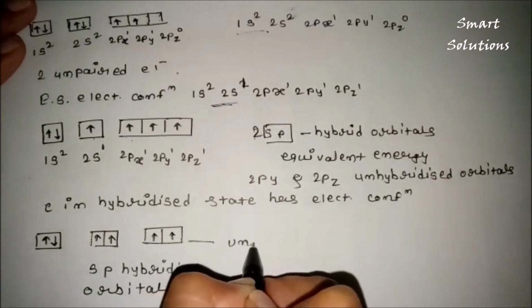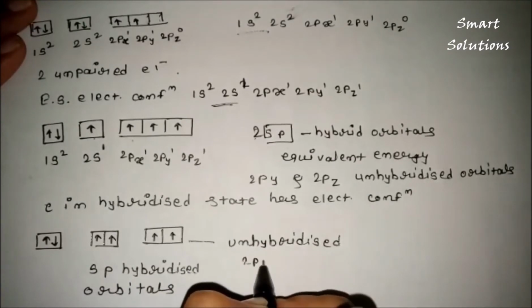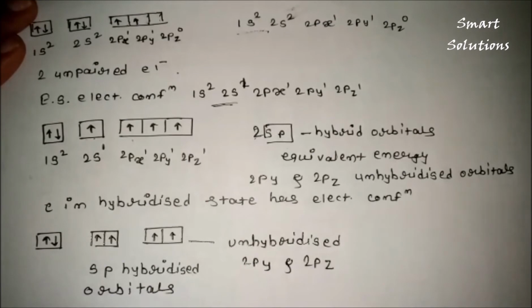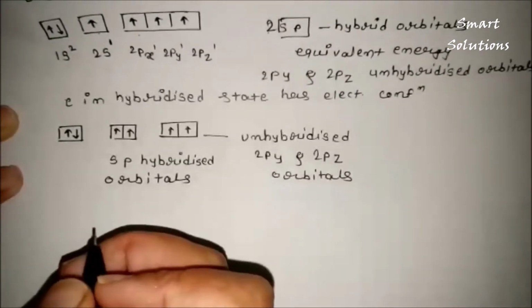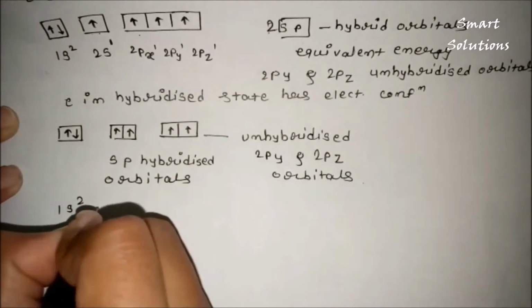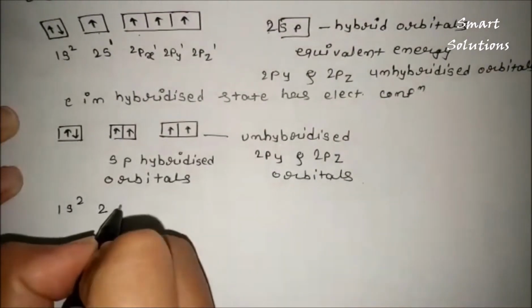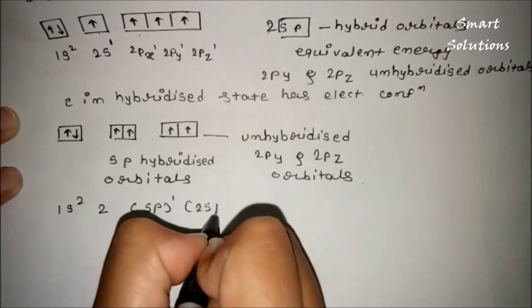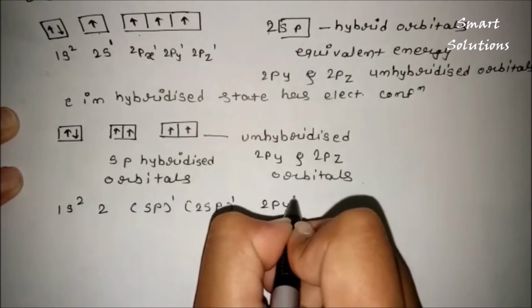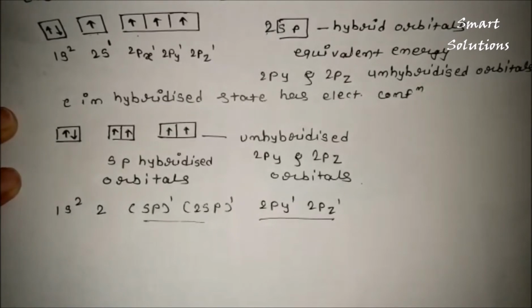These are the unhybridized 2py and 2pz orbitals. So 1s2, 2sp1, 2sp1, and 2py1 and 2pz1. These are the unhybridized orbitals, and these are the hybridized orbitals.